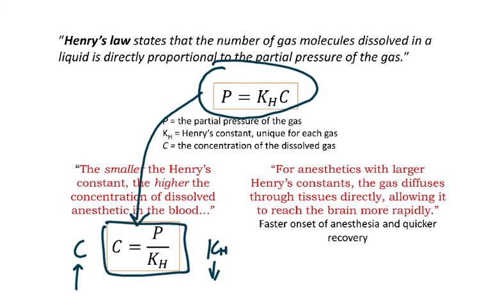If you have an anesthetic, however, with a high Henry's constant, then the concentration of that in the blood would be low, which means the gas would diffuse through the tissues directly, allowing it to reach the brain more rapidly, which would bring the onset of the anesthesia quicker, and it would also bring a quicker recovery.